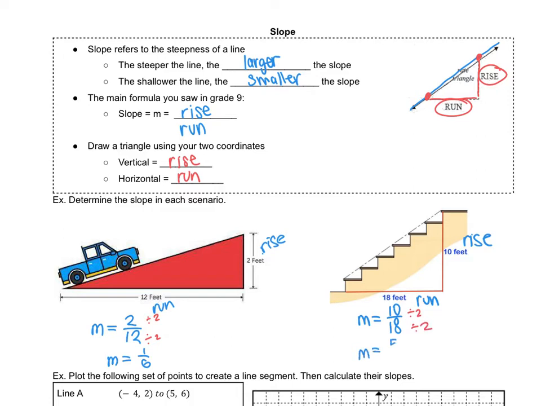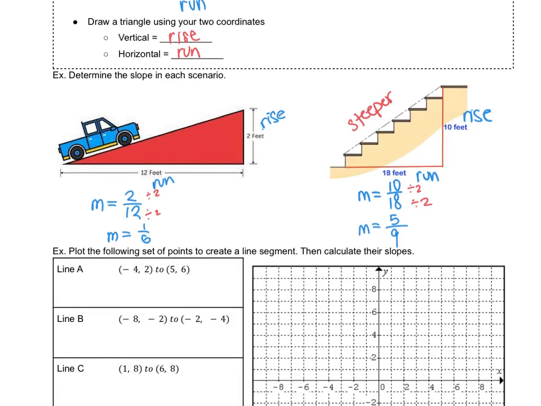So 10 divided by 2 is 5, 18 divided by 2 is 9. So there's the slope of the staircase. And if I were to compare the stairs and this ramp, the slope of the stairs, the 5 over 9, is larger than the 1 over 6, so I can say that the stairs are steeper than the ramp.